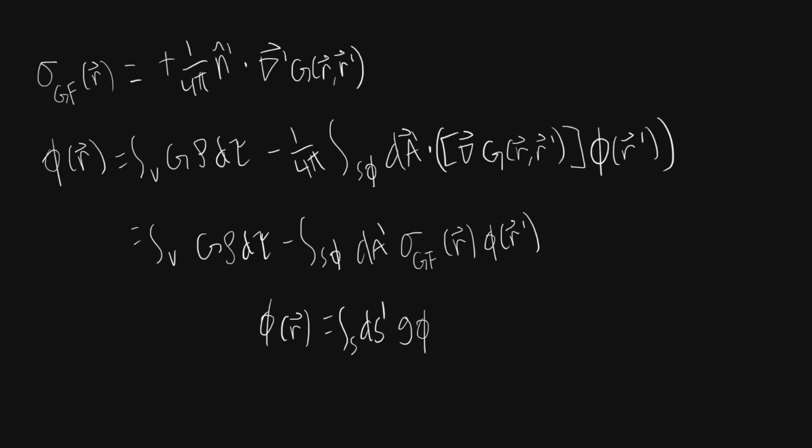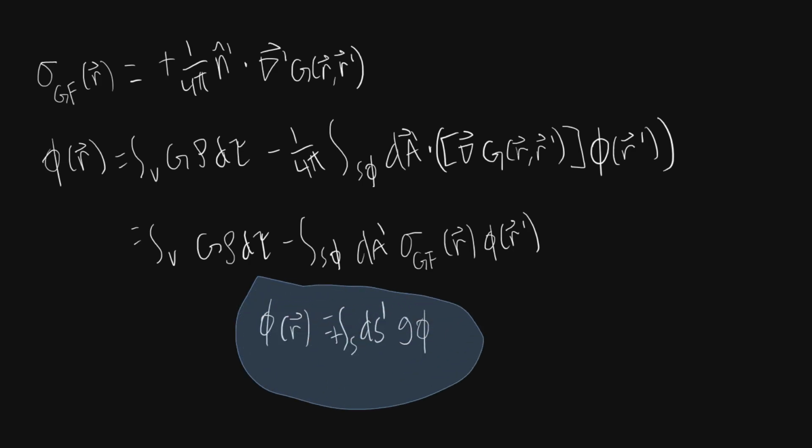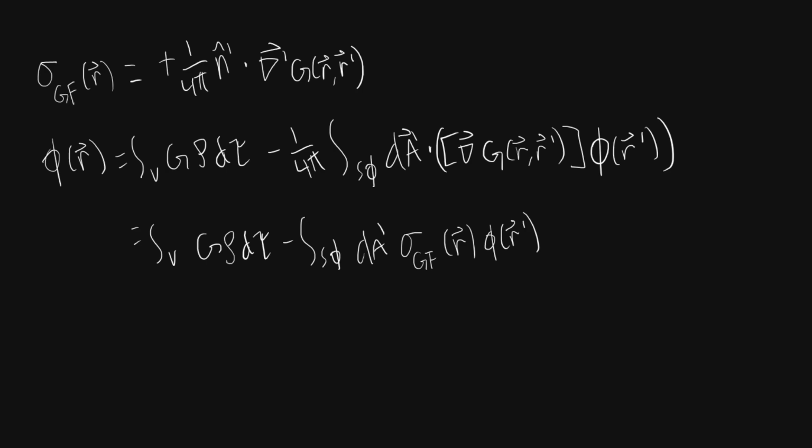If we compare these two, we can see that negative sigma is equal to g, since this term is positive. So we can write our surface Green's function from chapter 3 as being equal to negative sigma.